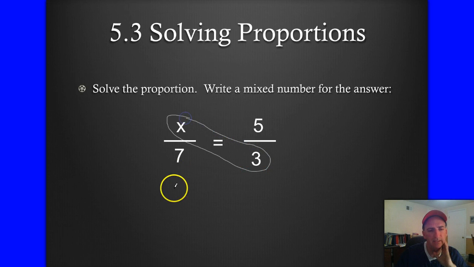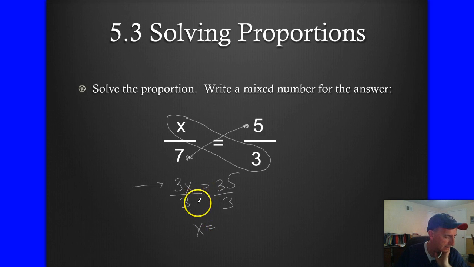Rule of cross products says if I multiply that, you get 3x, and then if I multiply these two things, you get 7 times 5 is 35. All right, we look at this right here, we see that 3 is multiplied times x, so we divide by 3. Okay, and that came out to actually a repeating decimal.